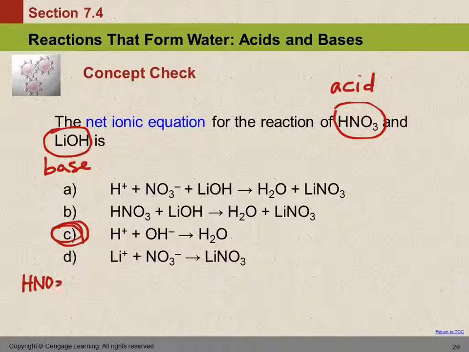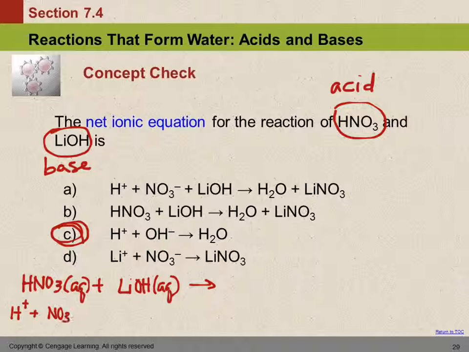So our reactants here are nitric acid, which is aqueous, and lithium hydroxide, which is also aqueous. And they're going to react to form something. So what we're going to do is we're going to have these guys swap partners, because we know that the acid makes ions in solution. So nitric acid dissociates into hydrogen and nitrate ions.